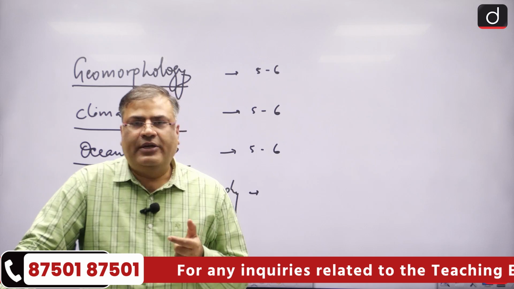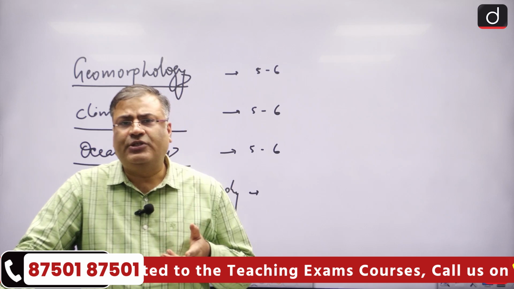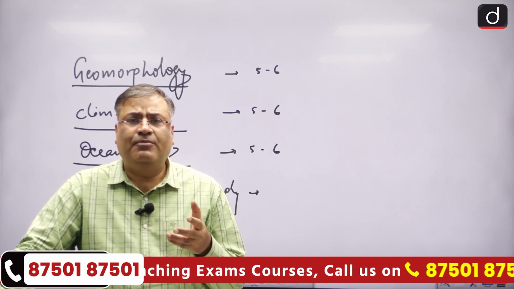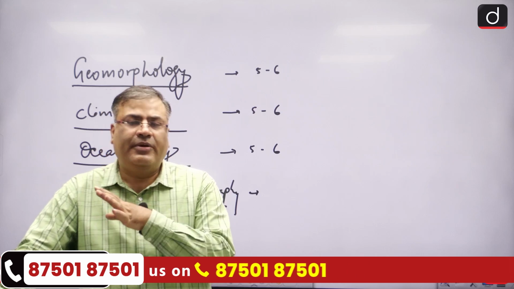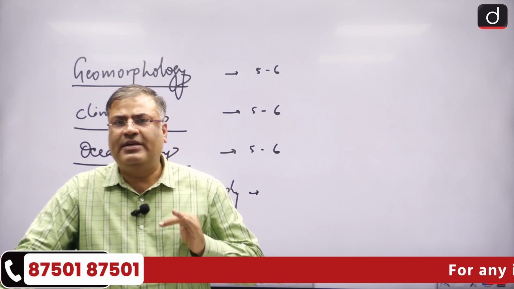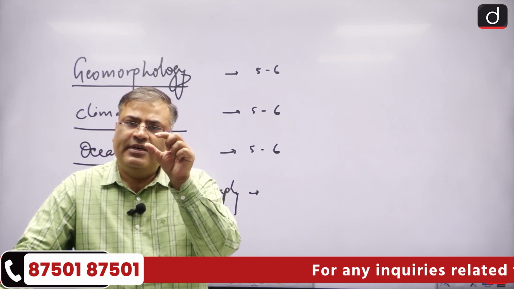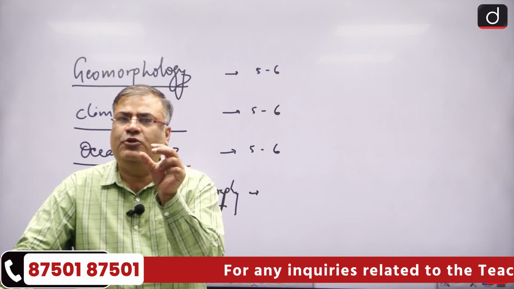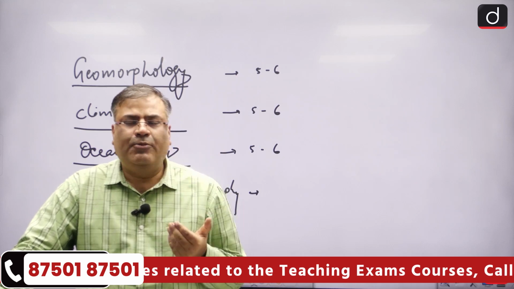Similarly, in climatology, they have asked the question from the climatic classification. They have asked from the chemical composition of the atmosphere. They have asked about the temperature and the pressure belts. Fine, permanent winds are there, local winds are there. So this way they have asked the question. Either it concentrates into a certain area and 2 to 3 questions are from that part, or equal distribution is there.